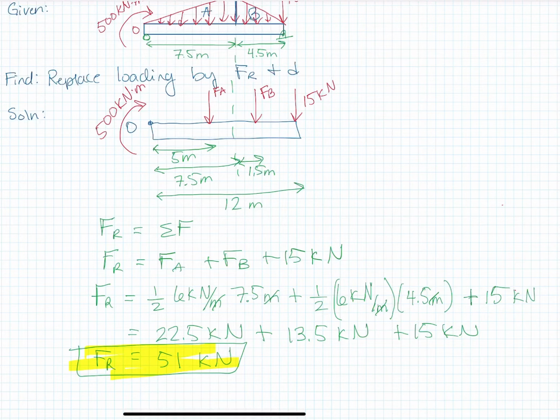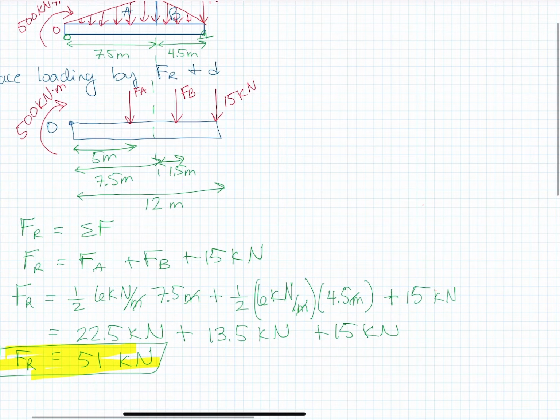The other part that they asked for was the distance. So in order to do that, I'm just going to scooch over here. We're going to do the sum of the moments about point O is going to equal that resultant force times that distance. So the sum of the moments about O, and let's make into the board positive.